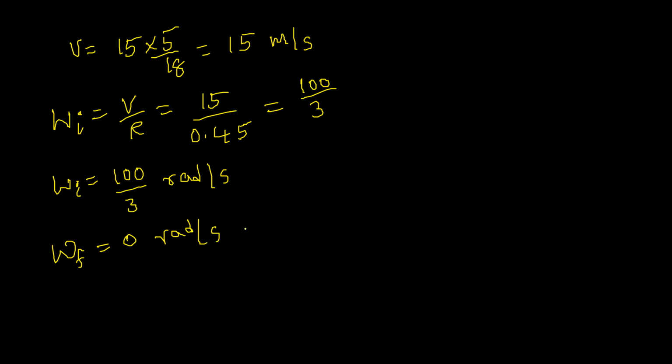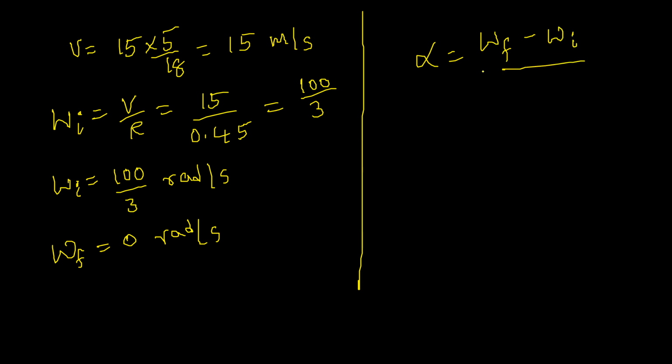Now we have to find out angular retardation. So alpha equal to angular speed final minus angular speed initial by time taken. Angular speed final is 0.